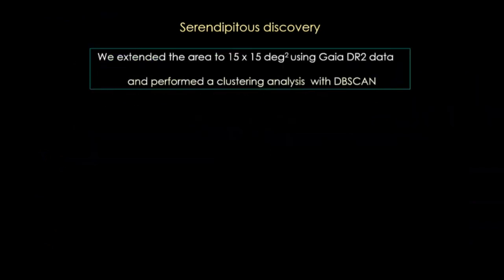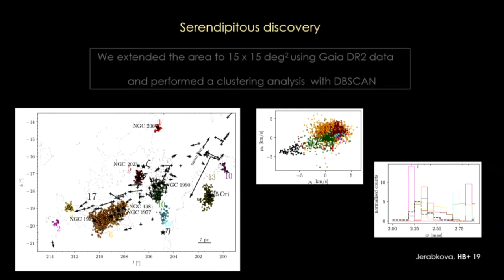We then extended the area to a much larger region of 15 by 15 square degrees using Gaia DR2 and ran a clustering algorithm, a DBSCAN analysis. This is what we found. You can see that we recover many clusters here. But in the proper motion plane, we also recover this strange population, which is spread out over the whole region.